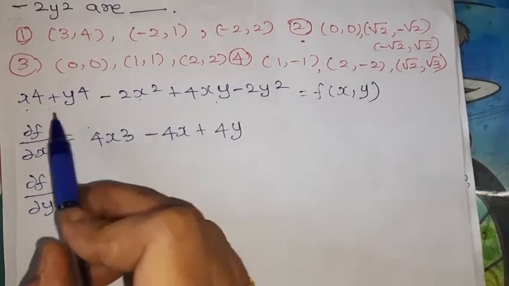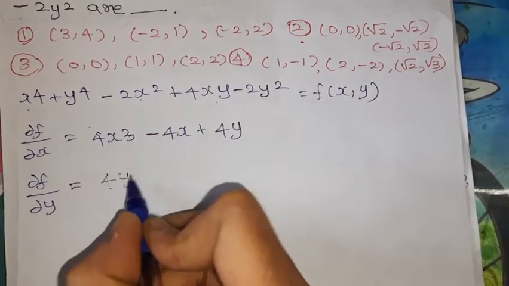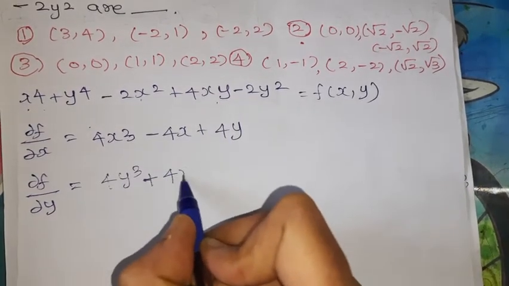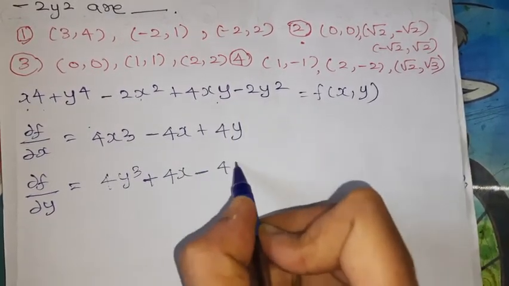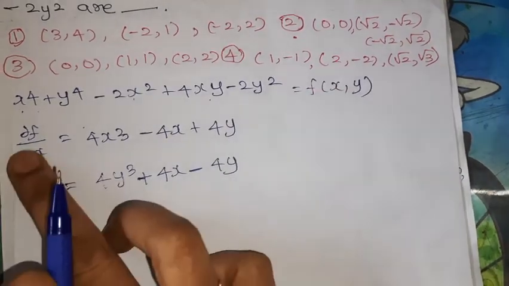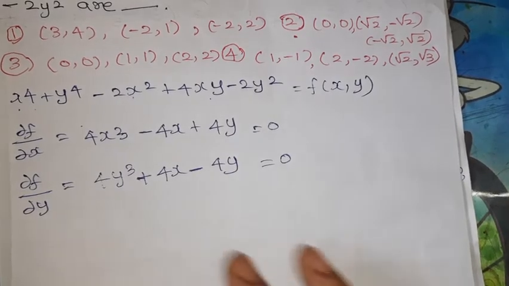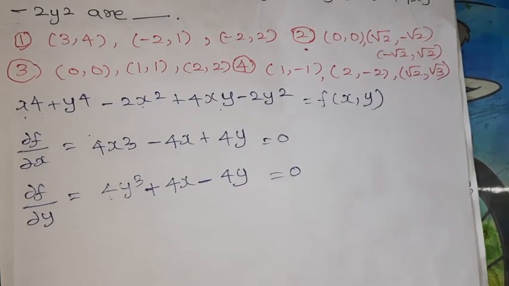Dou f by dou y is nothing but 4y cube plus 4x minus 4y. Then dou f by dou x should be equal to 0 to find out the stationary point, and dou f by dou y also equal to 0 to find out the stationary points.